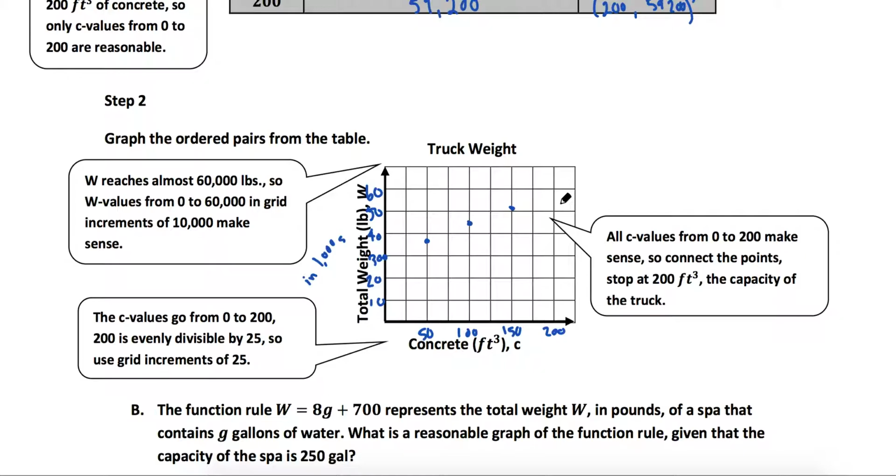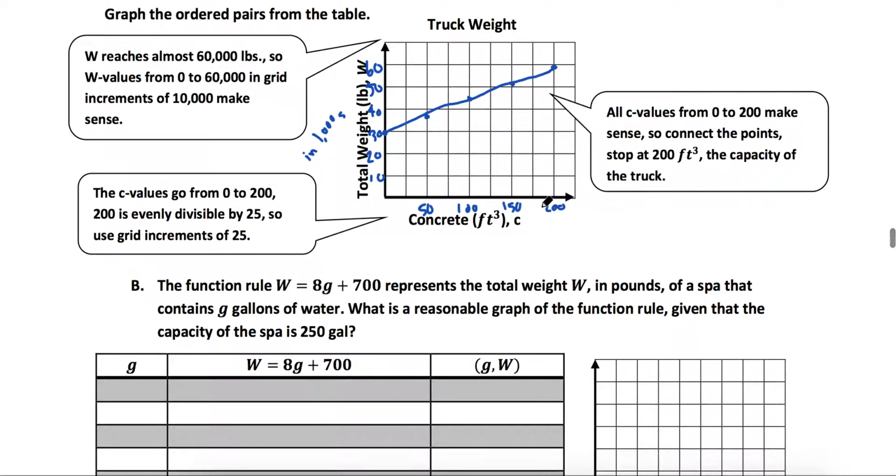And then 200 is just shy of 60. And we can see that those are actually a linear function that we just graphed going off that way. Now, you might not want to go past the last dot because they said that's kind of the capacity for it, so it maybe even stops right there. Great.